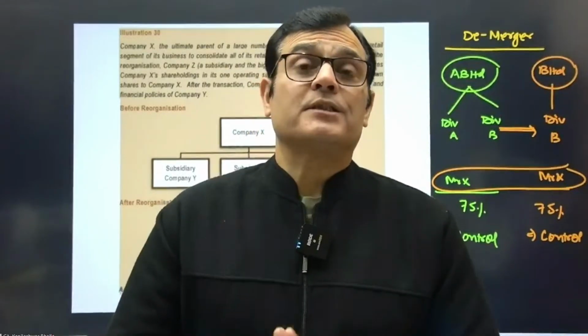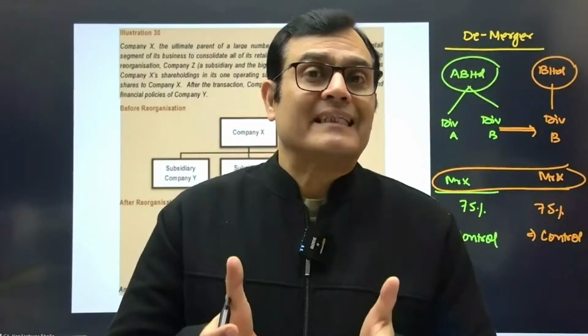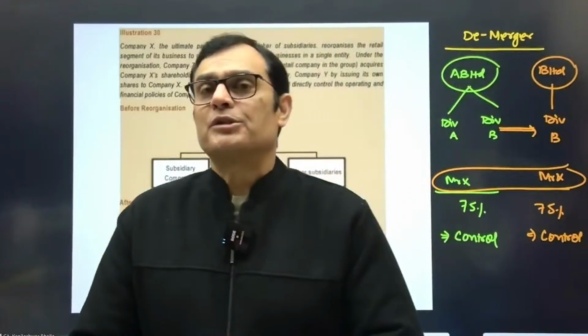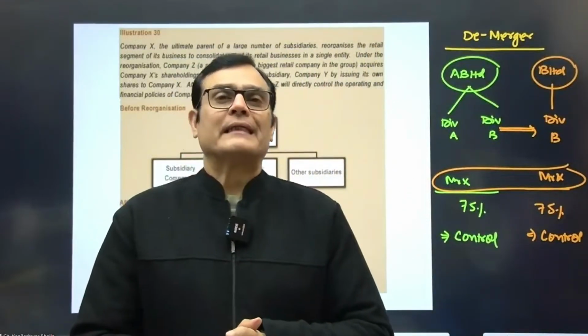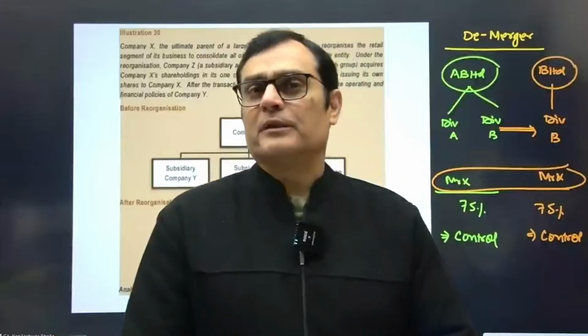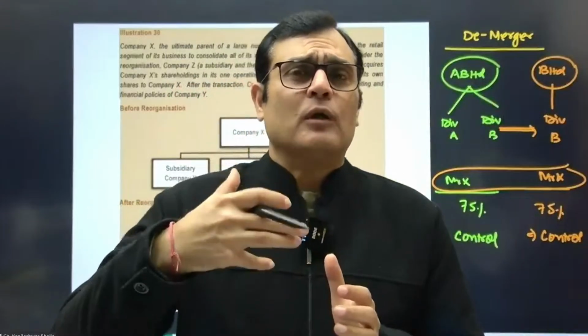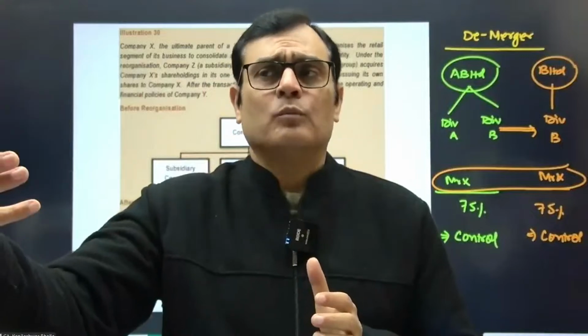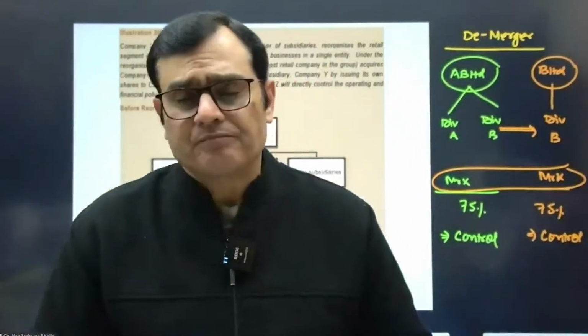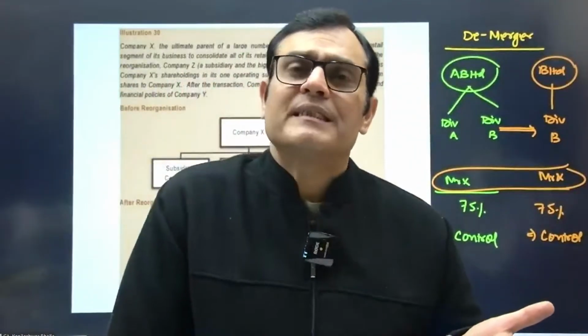Now the question arises, why did the standard setters agree that we should distinguish this kind of a transaction from an acquisition accounting or from a reverse acquisition accounting? The reason is that if you are acquiring a company which is unrelated in nature, there will be a fair value concept.